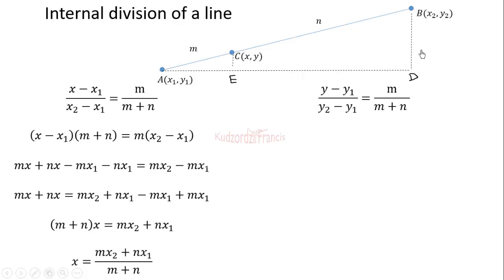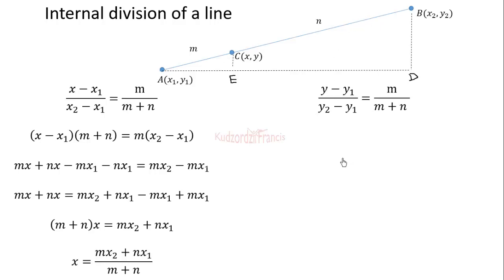Then we also have BD. BD will be y2 minus y1. So the y coordinate of this point is y1, and the y coordinate of this point is y1. That will give us this relation. So it is also proportional to the hypotenuse.